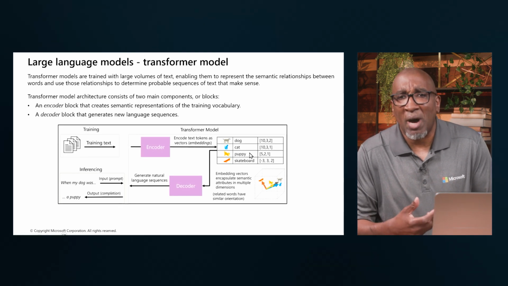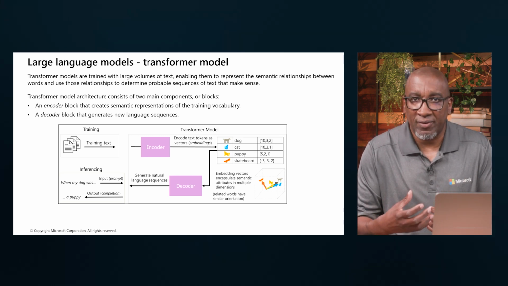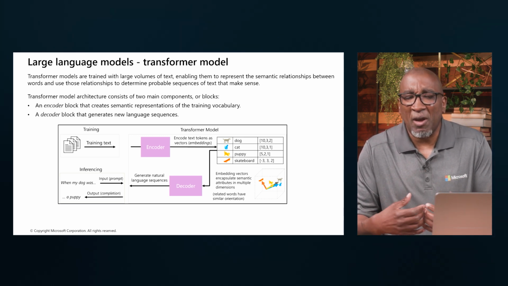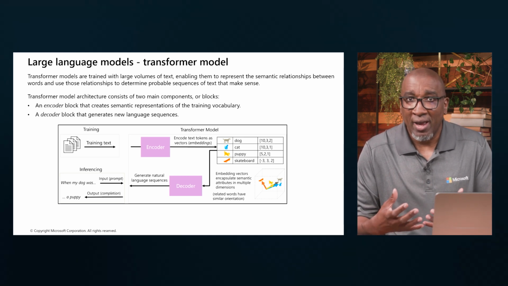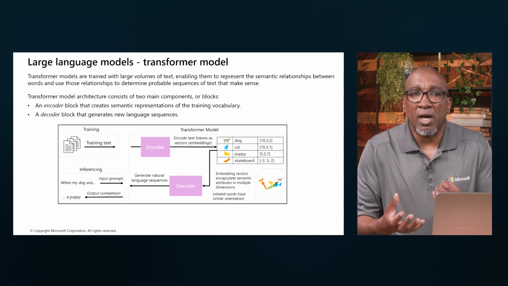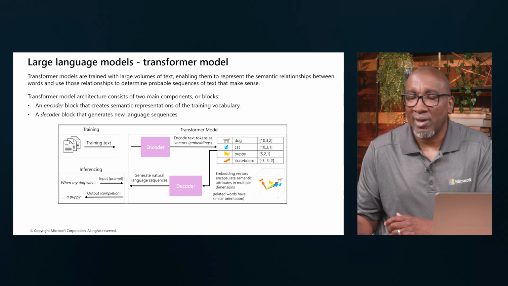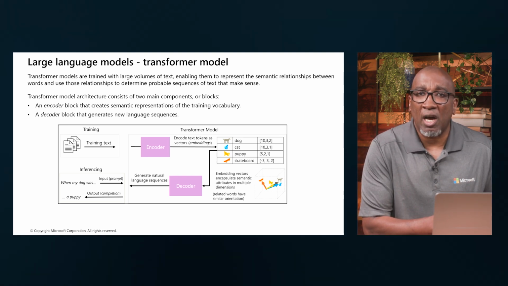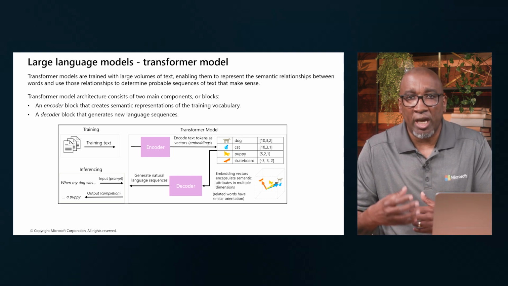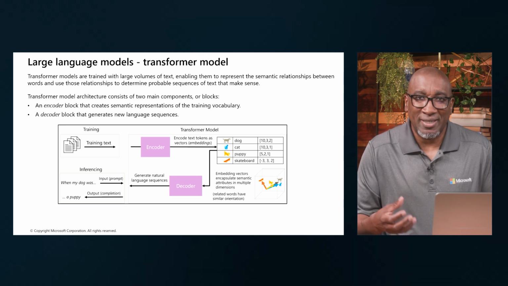What a transformer model does is it's trained with large volumes of text. So think about being able to feed examples of all kinds of words. And what the large language model does is it uses something called an encoder-decoder architecture. Really what we're doing is we're trying to create a semantic representation of vocabulary and generate new language sequences based on that vocabulary. That sounds really technical.